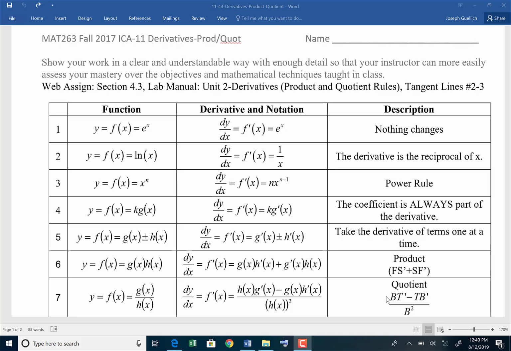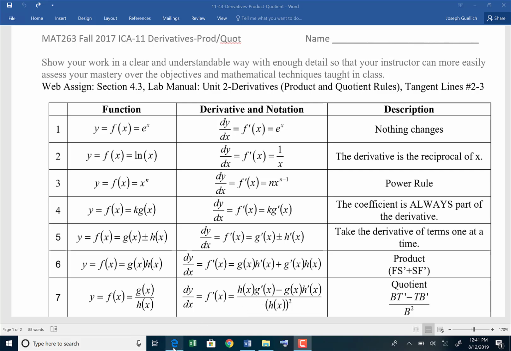So the bottom function H times the derivative of the top function G, minus the top function G times the derivative of the bottom function H, and then all over the bottom function squared. For both of these, I recommend that you don't simplify after that. There are far too many mistakes that I've seen, and this is brief calculus, so we're not going to do a whole lot of simplification steps.